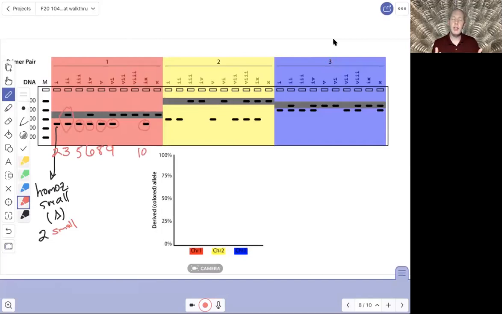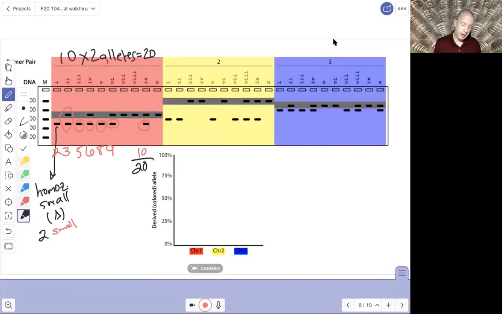And because there are 10 individuals, and each of them has 2 alleles, that means there's a total of 20 different chromosomes that are genotyped and represented on this gel. 10 of them are the deletion bearing, which means 10 out of 20 of the alleles, or 50%, are the deletion version.